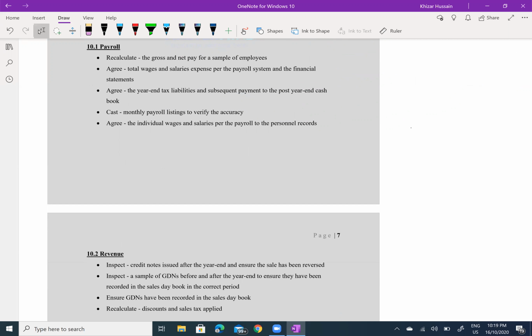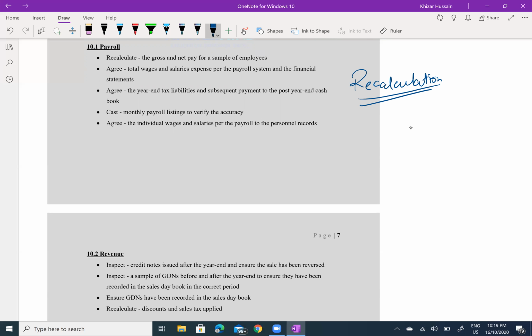When you talk about payroll, remember one thing, guys: when there are a lot of numbers involved, a lot of estimations within the numbers, and a lot of numerical volume of data, you always will do some kind of recalculation, right?